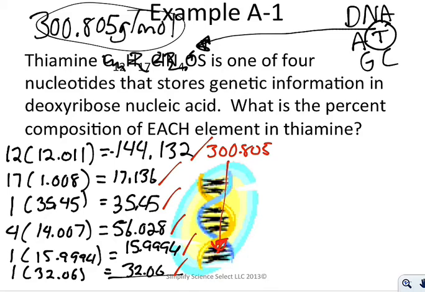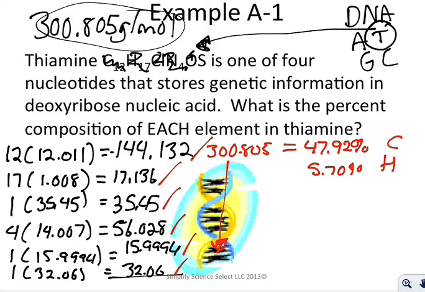I want to do that all the way down. When I divide each one by 300.805 and I multiply it by 100 to turn it into a percent, I get the percent of each element. And what you get is for carbon, it's 47.92%. For hydrogen, it's 5.70%. Go ahead and put the elements out there.